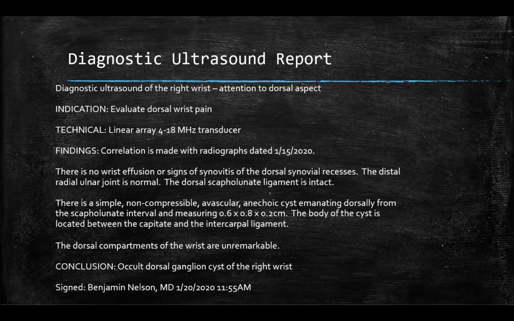Yeah, so I think, evaluating any sort of mass, you're looking at the characteristics. So the type of the border, the character of the cyst or the matrix, the echogenicity pattern, vascularity.